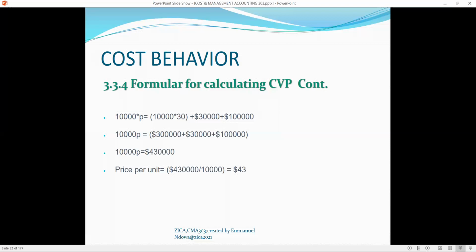So you see how we can calculate, given our basic formula for calculating the cost-volume-profit analysis. To our left, we have units multiplied by the price. That will equalize with the total variable cost plus total fixed cost plus the profit.